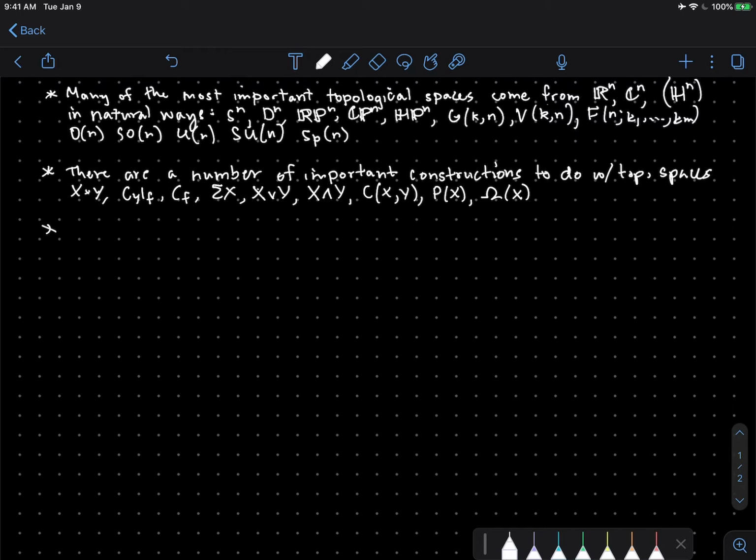And many of these constructions tend to have interesting universal properties.